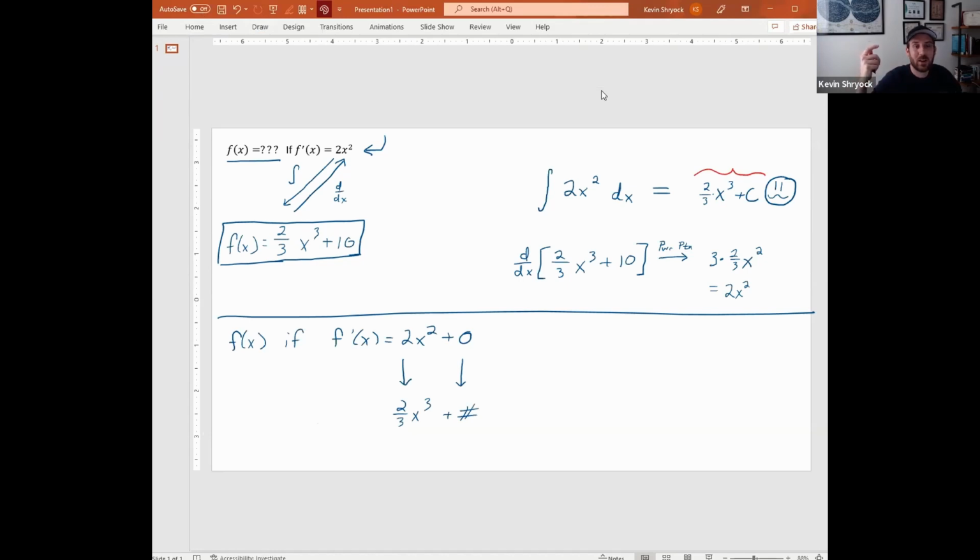So if you're ever trying to figure out what might have made this integral, we have to consider the constants, which might have derived down to 0. So the problem is like 2x squared plus 0, the same idea.